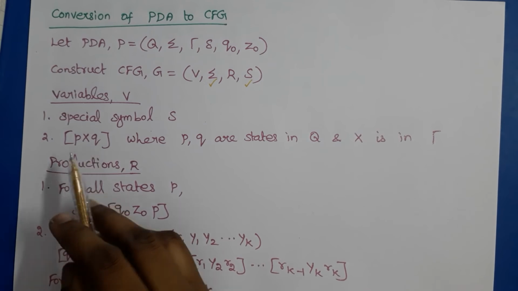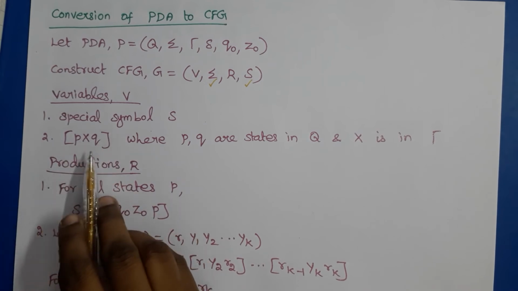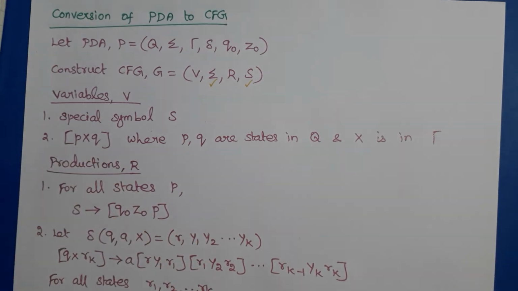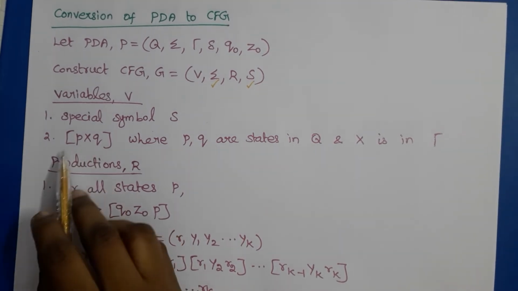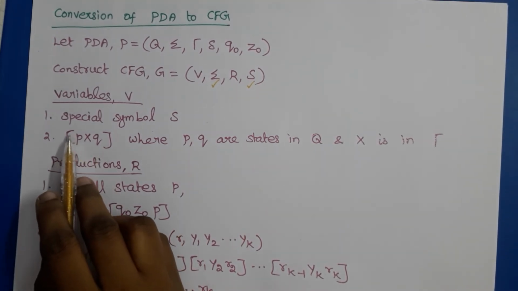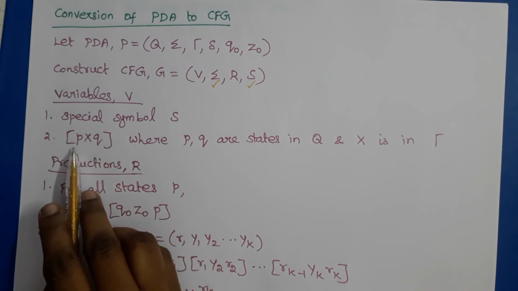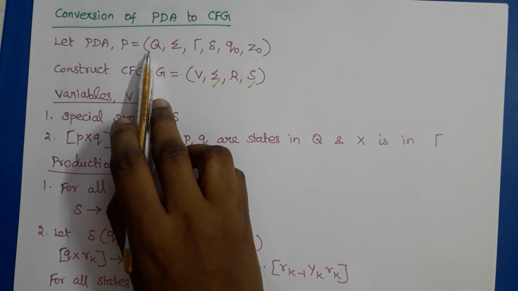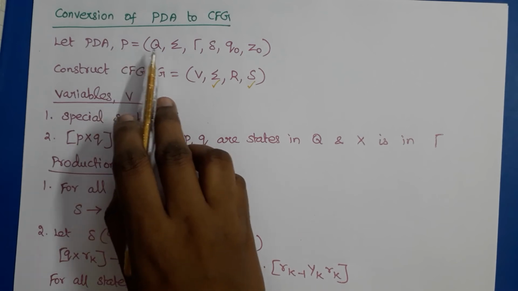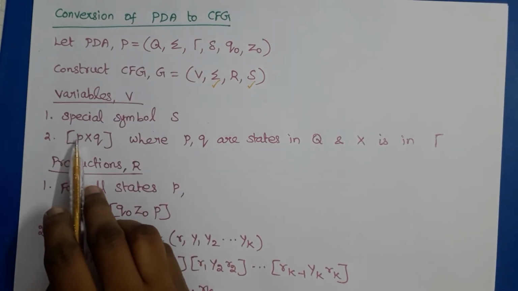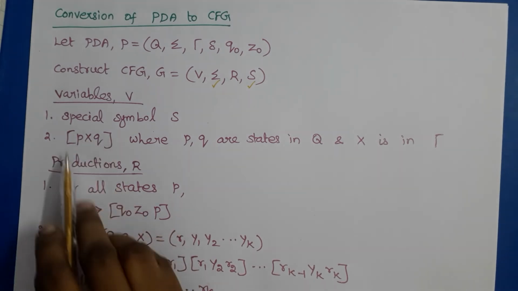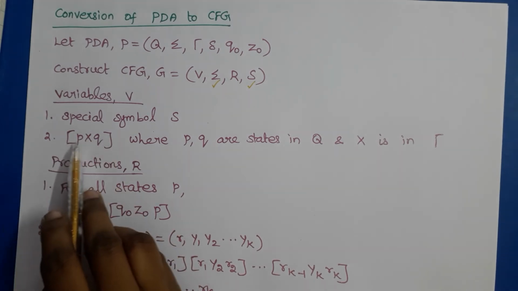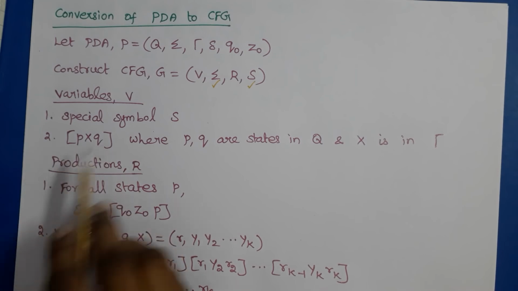Then all the other variables can be written by using the square bracket. Within the square bracket, we have to write PXQ, where P and Q are the states in Q. For example, if PDA has Q0, Q1, Q2, then we have to form variables like [Q0 X Q0], [Q0 X Q1], like that.